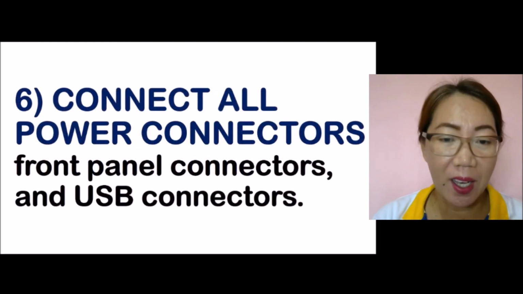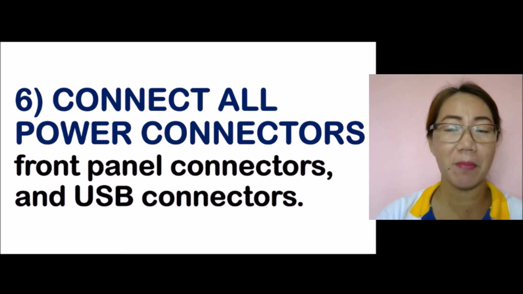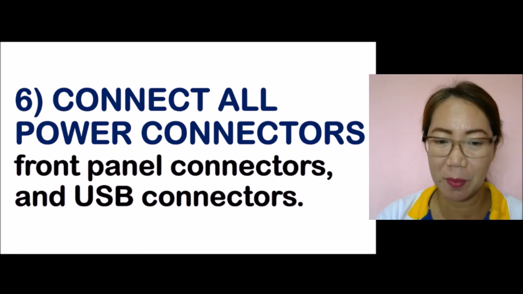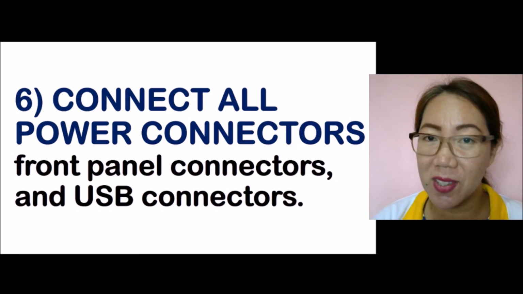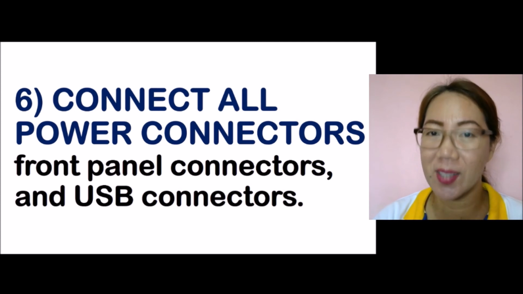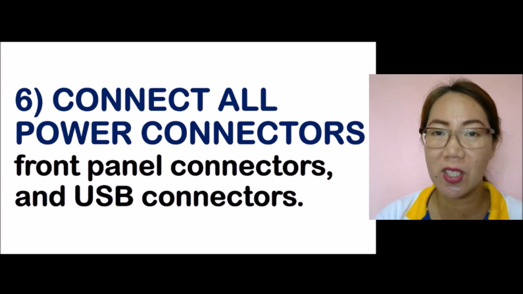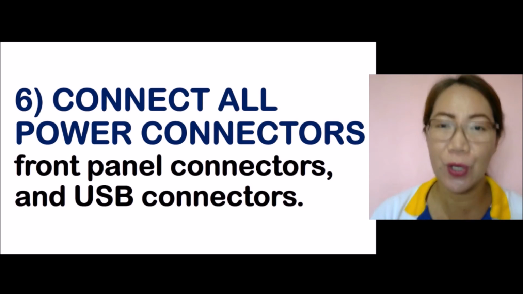Then connect all power connectors and front panel connectors, and of course, the USB connectors. For front panel connectors, FPC, after the null, we have power switch, negative, positive, reset switch, and HDD LED. What about the USB? The USB is very easy to memorize.